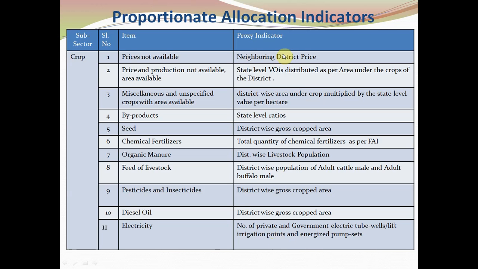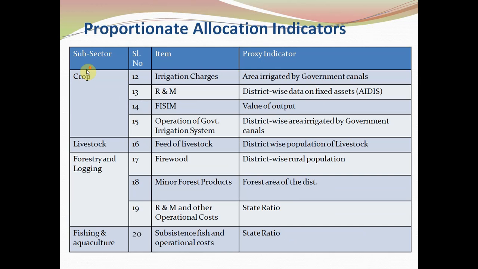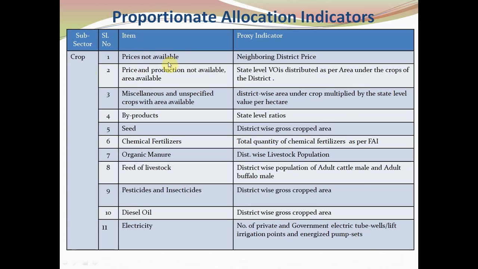Now proportionate allocation indicators: for different items we are using different proxy indicators. In subsector crop, if prices are not available, then neighboring district prices are used.